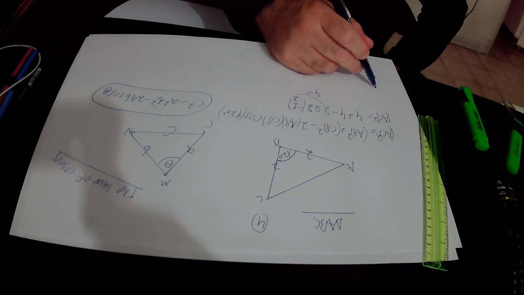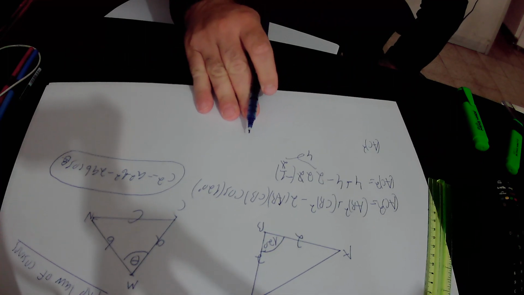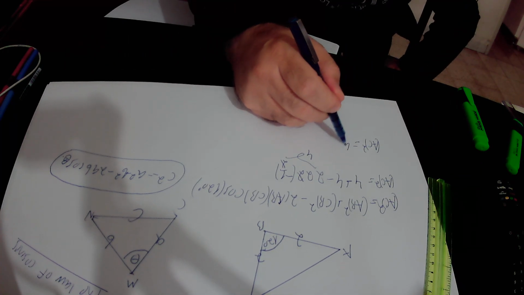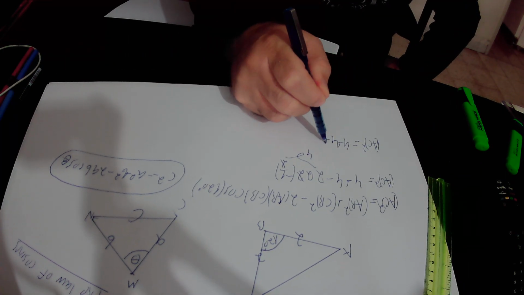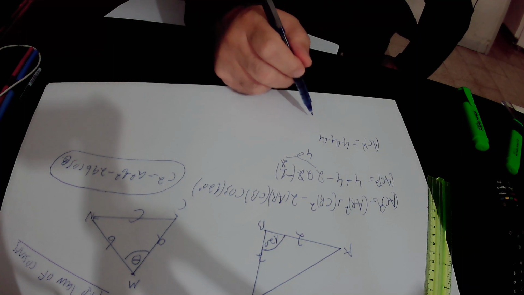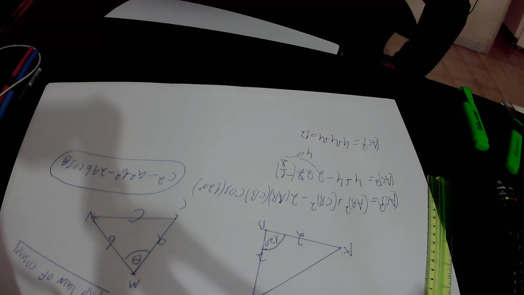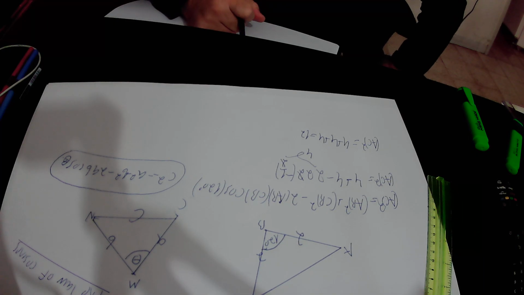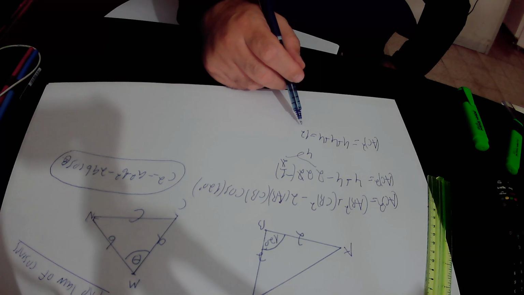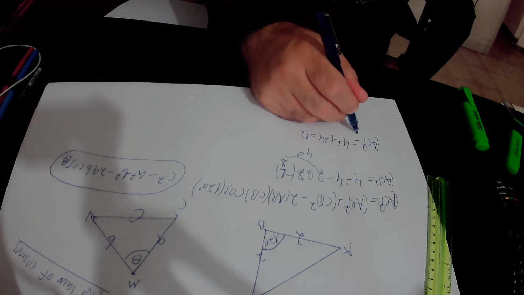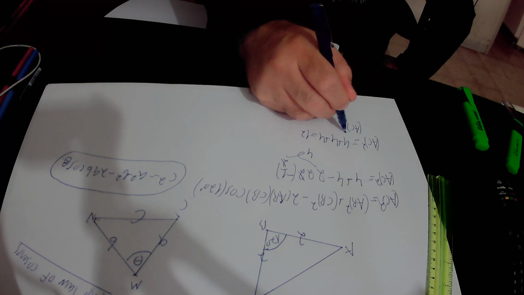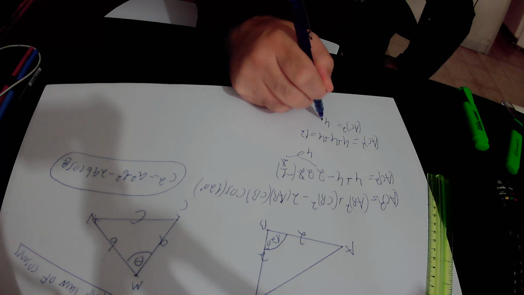In conclusion, we found out that AC squared equals 4 plus 4 plus 4. 4 plus 4 plus 4 is 12. Here we substitute 12 by 4 times 3, so AC squared equals 4 times 3.